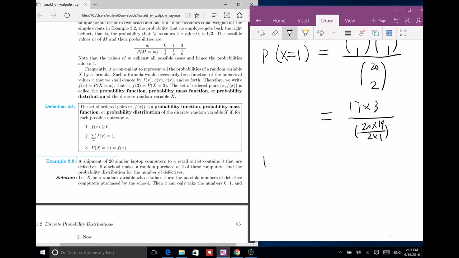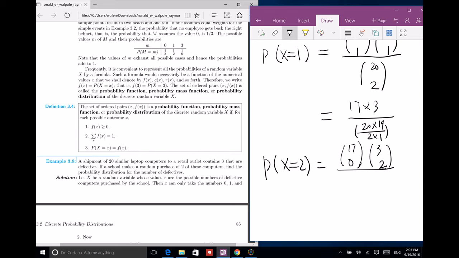And then P of x equals 2 means both computers are defective. It's really bad luck. Okay, now you choose 0 from 17 because none of the computers are good, so 0 from the good computers. And you choose 2 bad computers from the 3 bad computers.